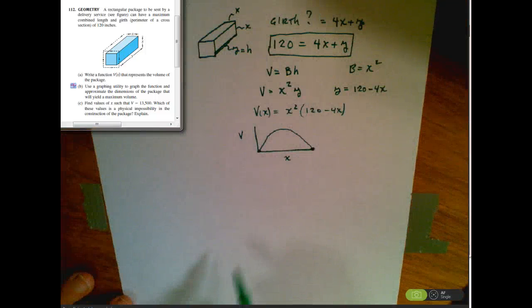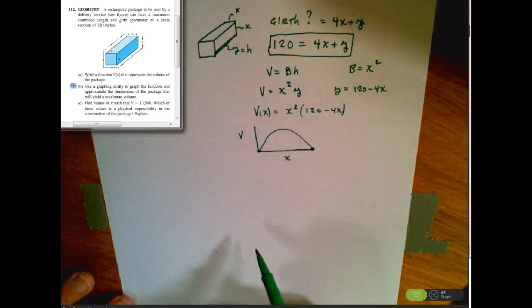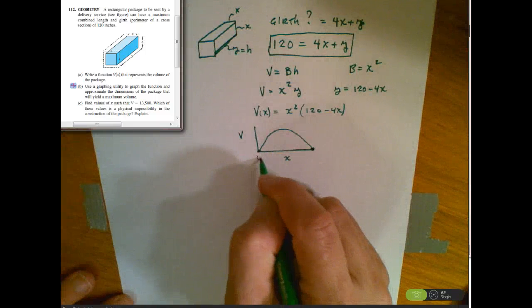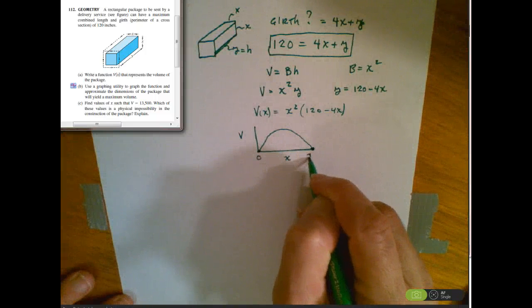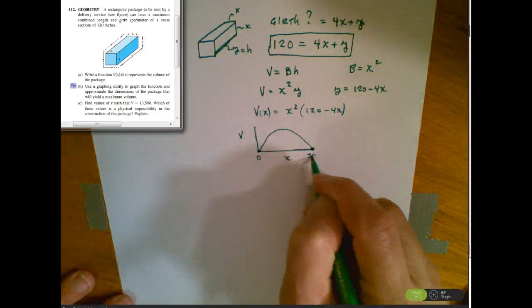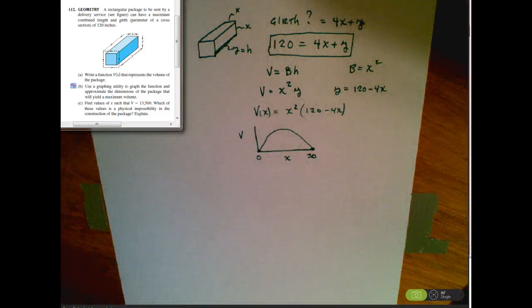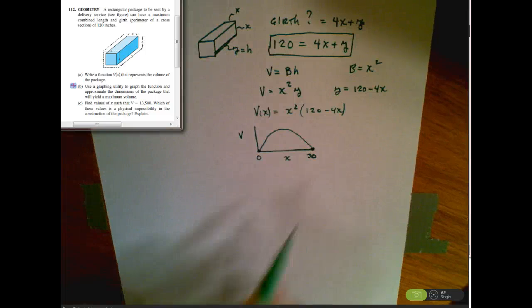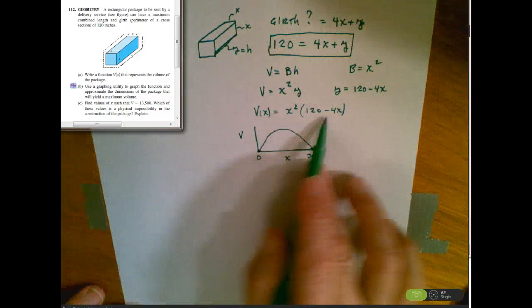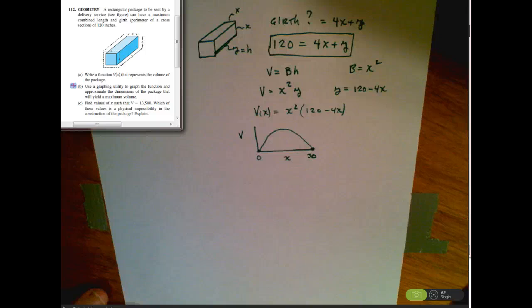So that's part of that cubic function. And I'm really interested in the numbers between 0 and 30. So I've got an idea of what my domain is for this problem based upon the function itself.